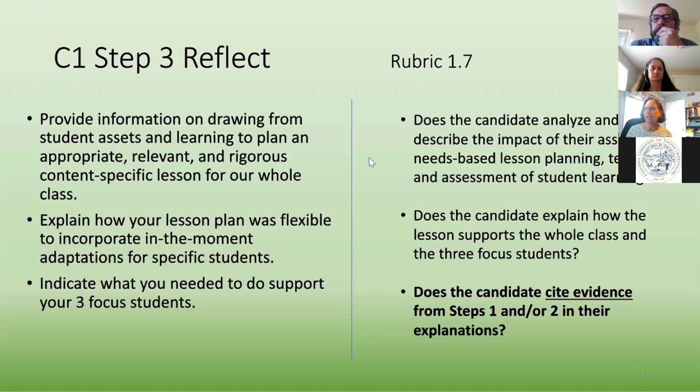And reflect on what they might do differently next time, for example, or what they learned from a particular focus student and how they might have extended the learning and helped that student reach the learning goal. So reflection really does need to be reflection and not just a retelling of the steps.